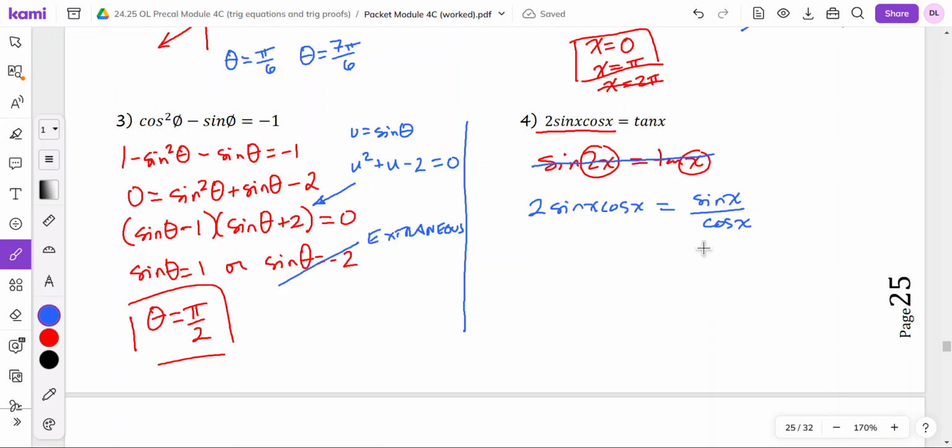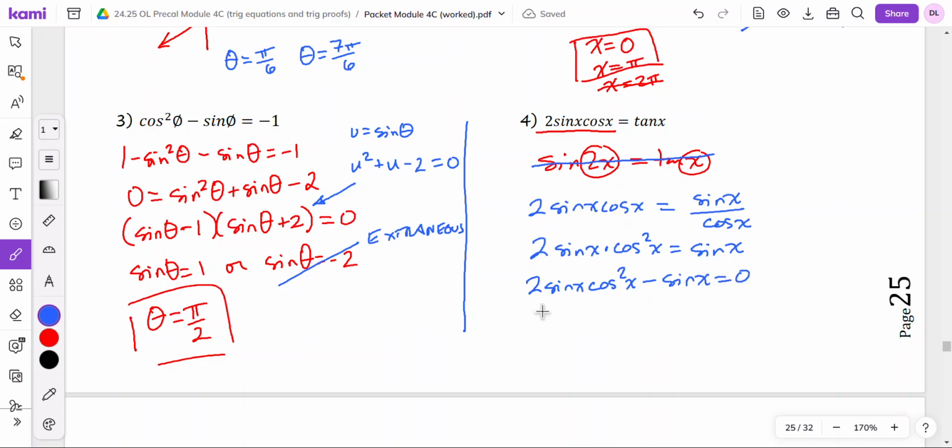Right? So I'm going to go ahead and multiply both sides by cosine of x, and that gives me 2 sine of x times cosine squared of x needs to be equal to sine of x. I'll subtract sine of x, and that gives me 2 sine of x cosine squared of x minus sine of x is equal to 0.